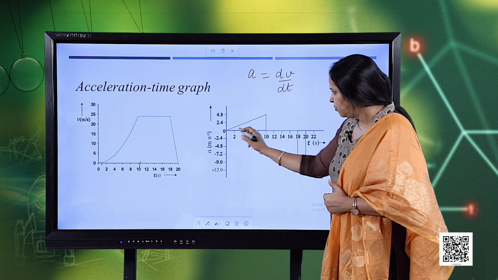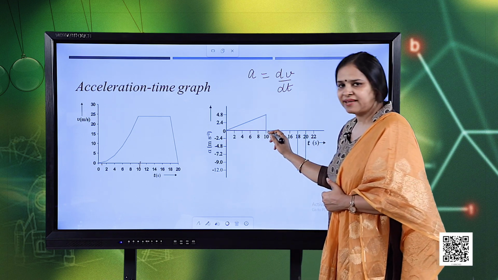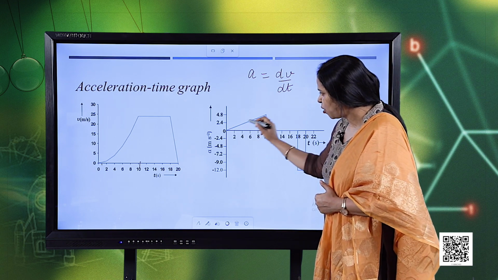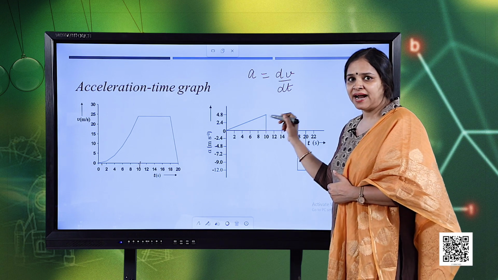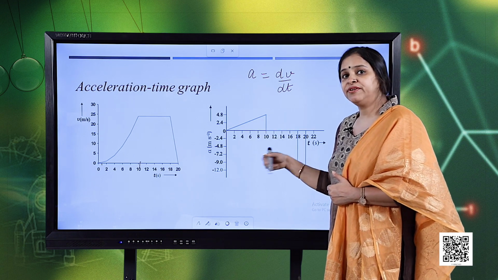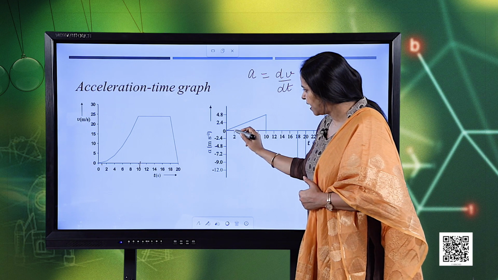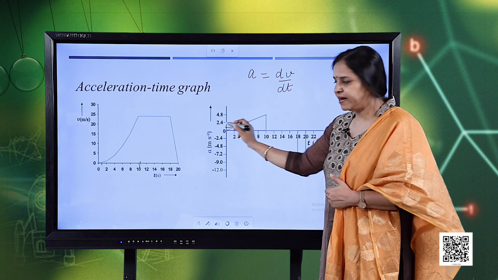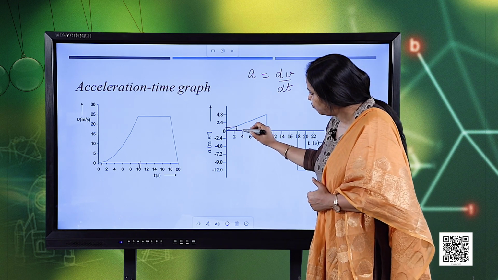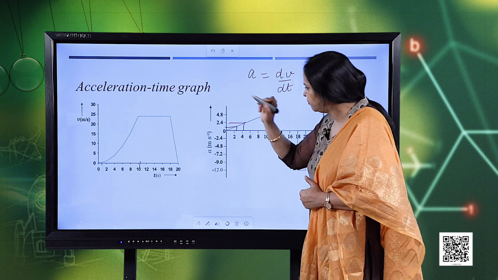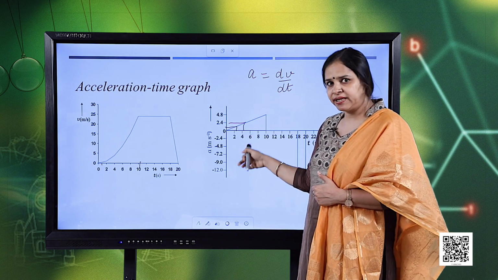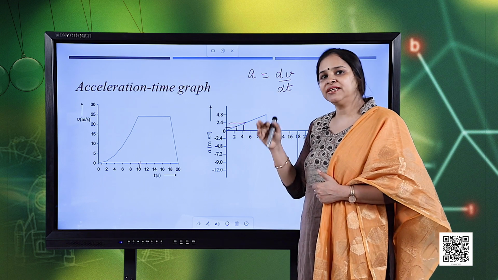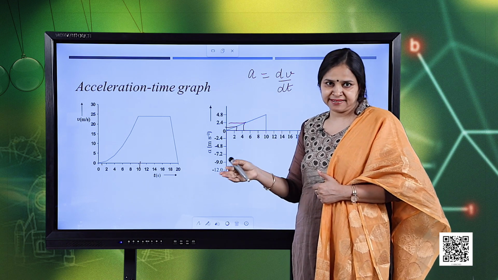Just look within the time duration of 0 to 10 second. Here this plot represents the acceleration at different times. For example, when time is 2 second, the acceleration value will be this when we drop the perpendicular. Similarly, at t equal to 4 second, we can find the exact value of the acceleration by plotting the perpendiculars. That is how we see that the acceleration is different at each instant.